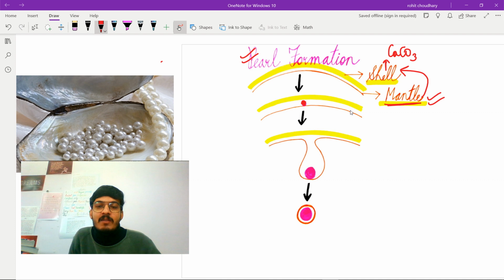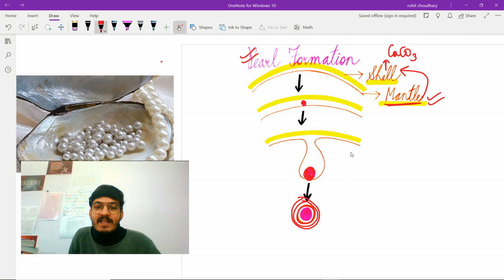As they do, the nucleus is formed, and around this core the pearly layers are secreted. After many years, this pearl grows in size as many layers are secreted outside the core nucleus. So this is how the formation of pearl takes place.